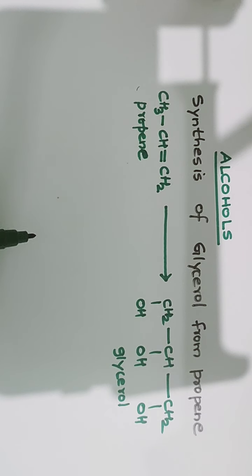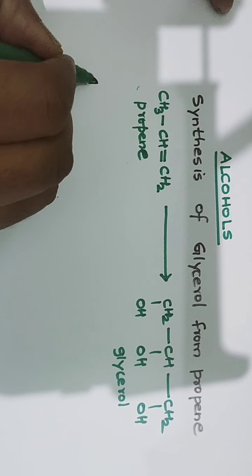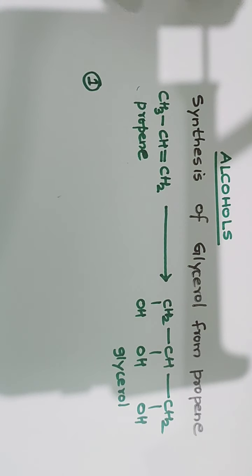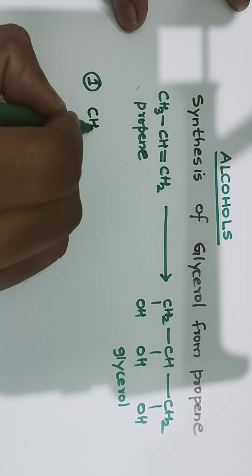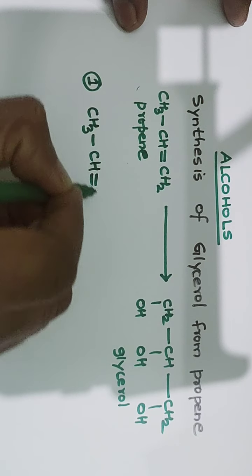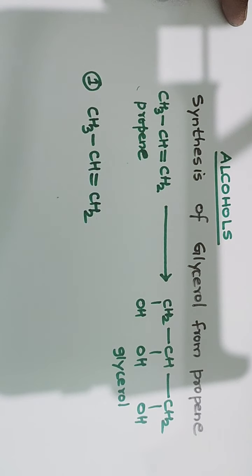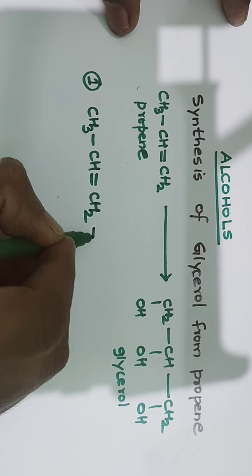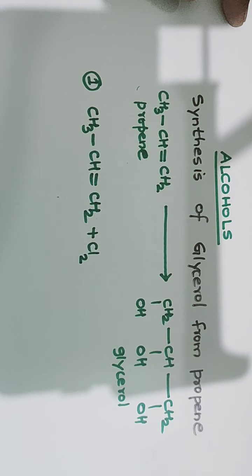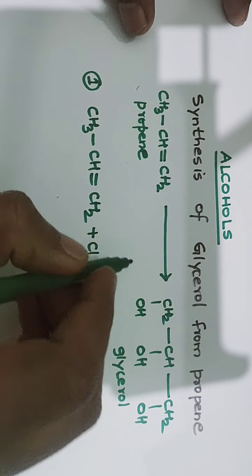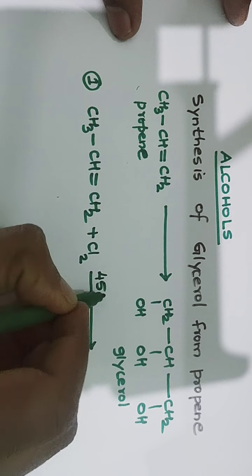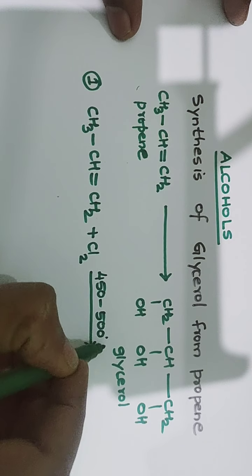Let us discuss all the steps one by one. Let us go for step one. Okay, let us discuss step one. In step one, this propene molecule is treated with chlorine at a temperature of 450 to 500 degrees Celsius.